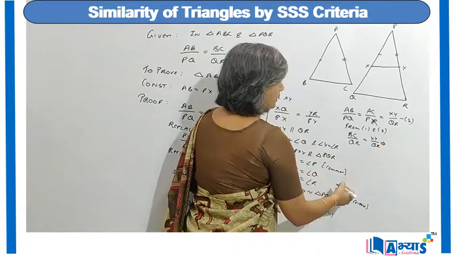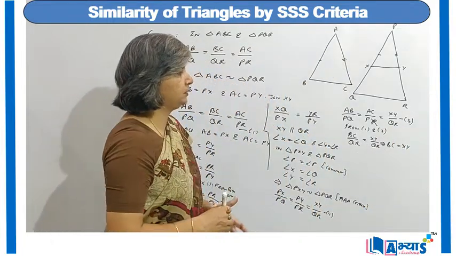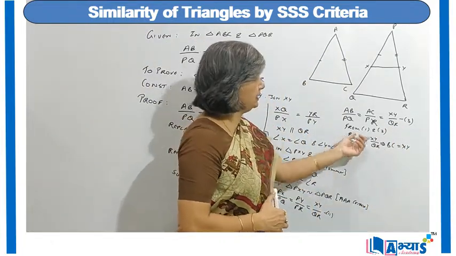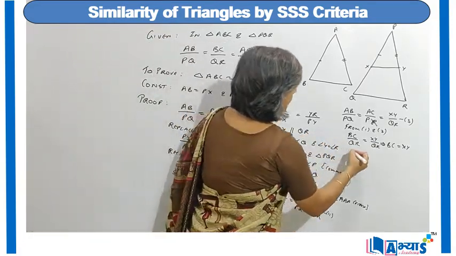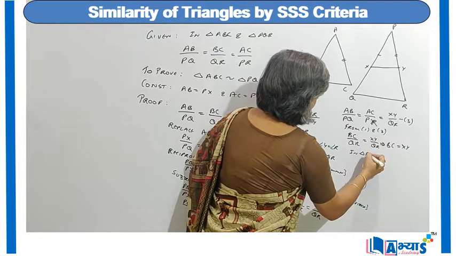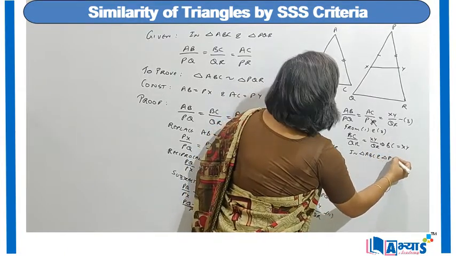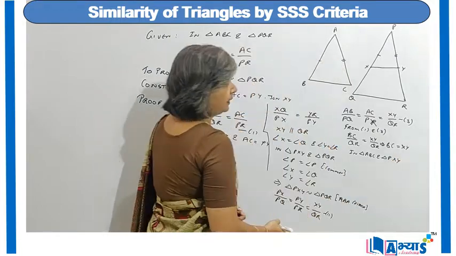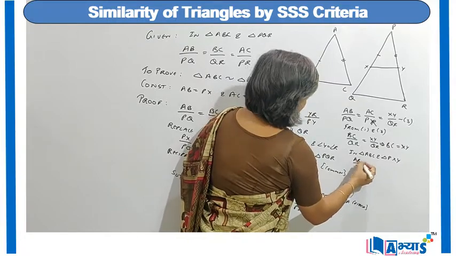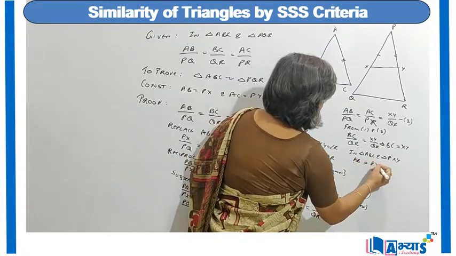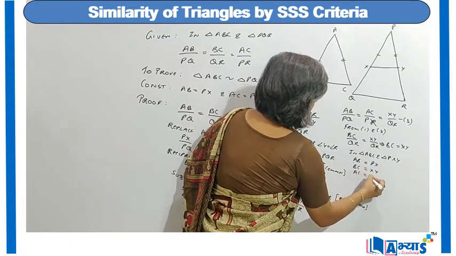This implies BC is equal to XY, because the denominator is the same in both. So now in triangle ABC and triangle PXY, we know that AB is equal to PX, BC is equal to XY, and AC is equal to PY.